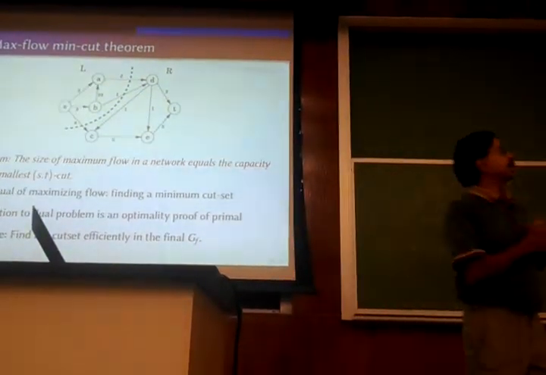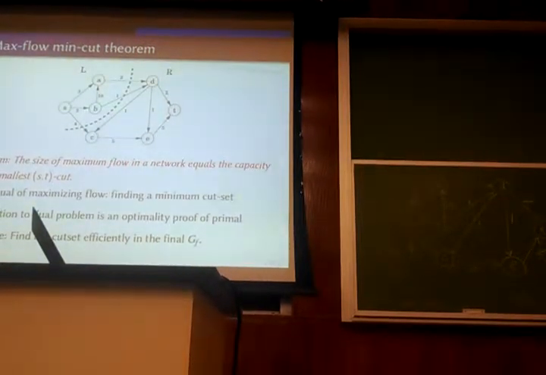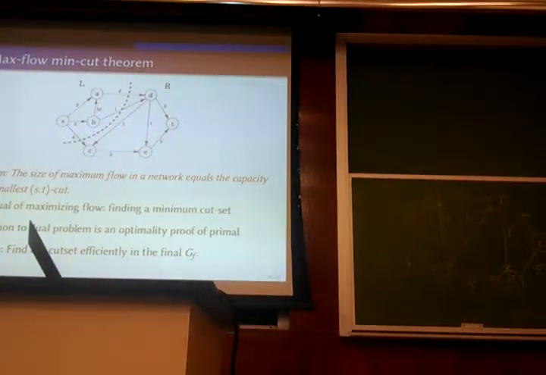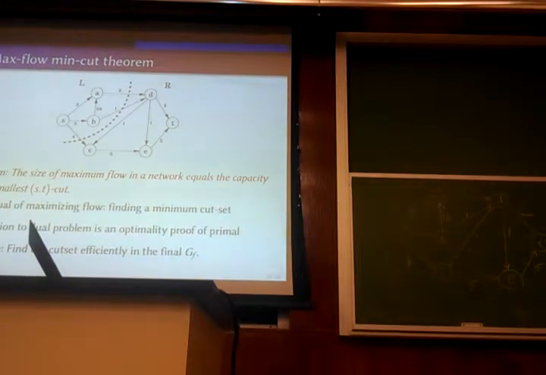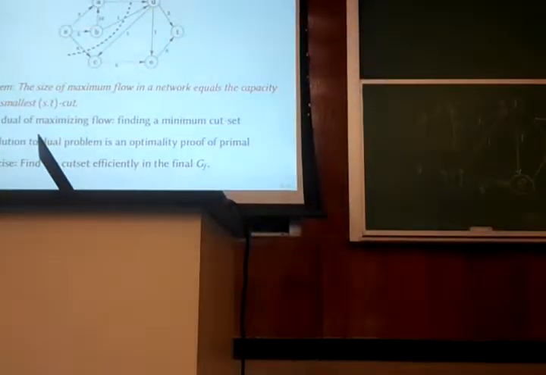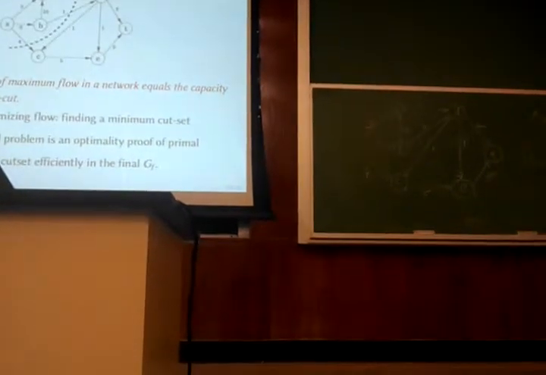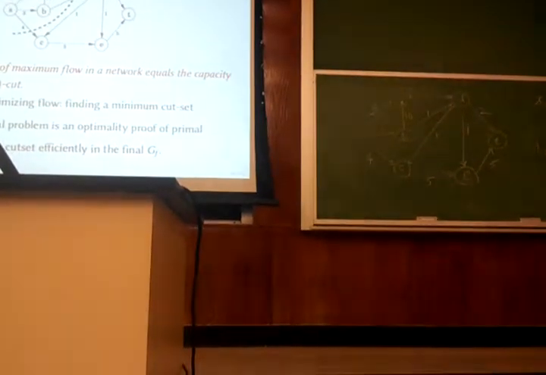How do you find this cut set? Now that we have gone through the algorithm and we find that there is no path, can you think of how we could find this cut set? Pictorially, of course, when you look at it, it's obvious. But what would be an algorithm that you can use in order to find this cut set?